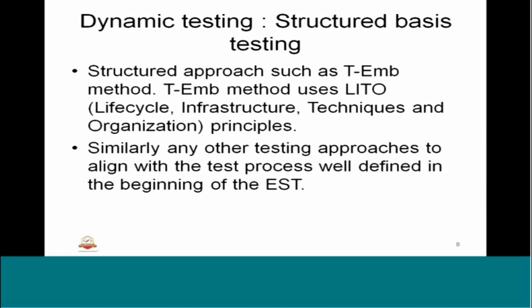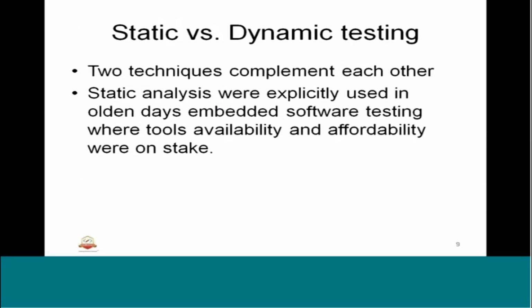Now coming to static versus dynamic testing. In software development, static analysis and dynamic testing are two different ways of detecting defects. We know that. Unfortunately, these two methods complement each other, and developers are sometimes encouraged to favor one to the exclusion of the other.